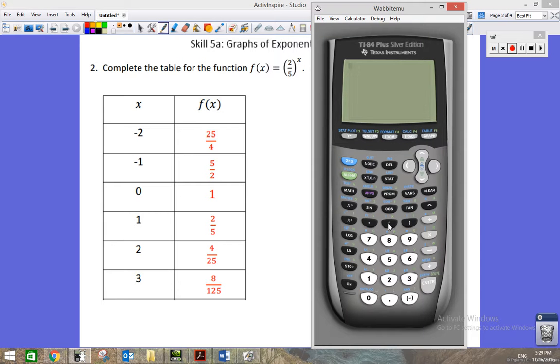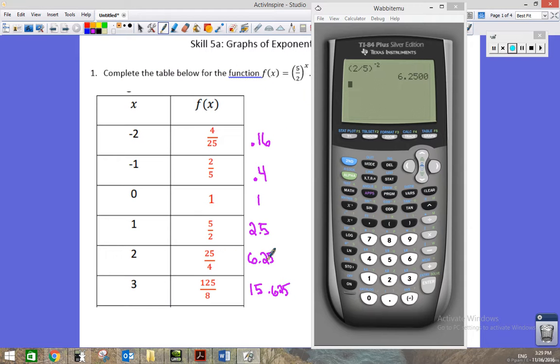So let's put parentheses around our 2/5, and raise this to the -2nd power. I get a decimal number of 6.25. And like I say, we saw that 6.25 is 25 over 4.